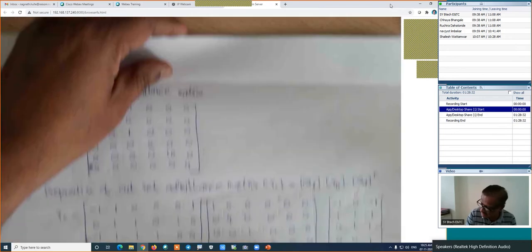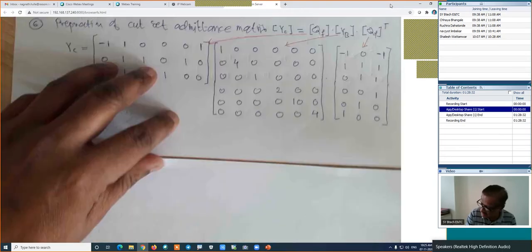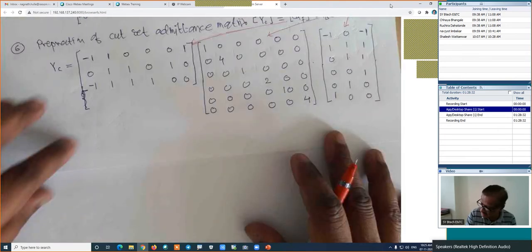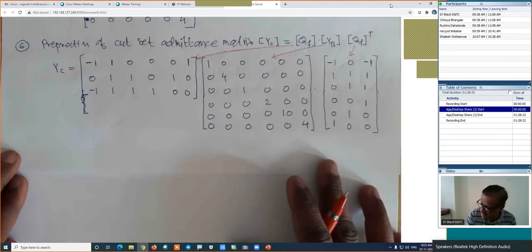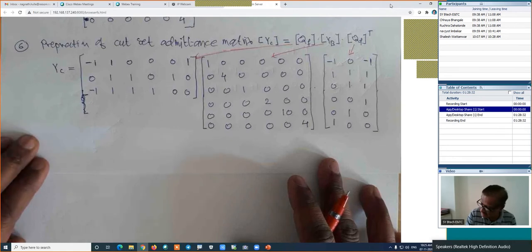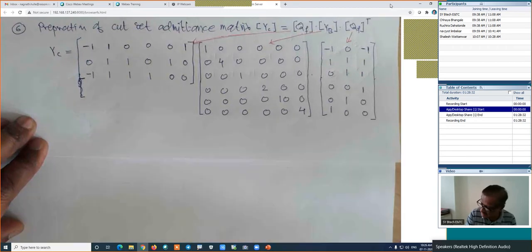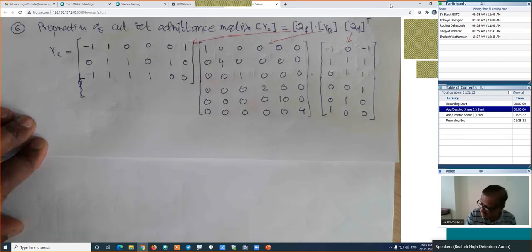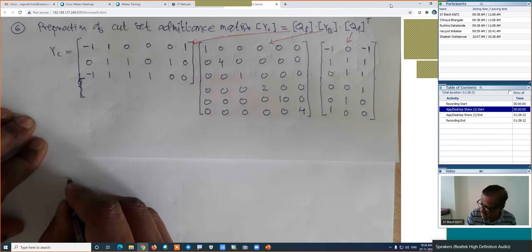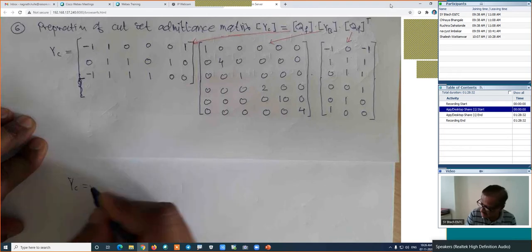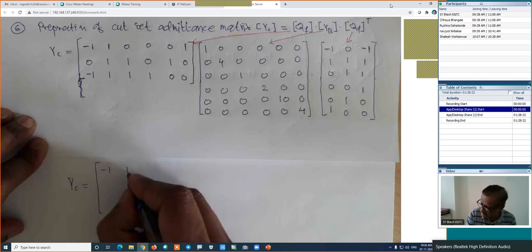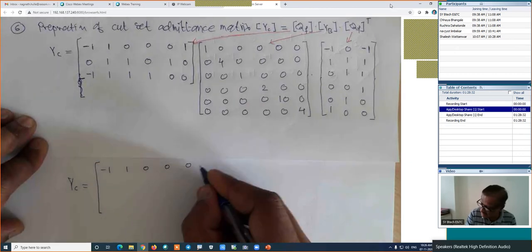Now I will start the discussion here. If I am starting the multiplication from here, look at the calculation part. Is it right? Yeah. In this case, if I am finding this YC, which is equal to, this matrix will be as it is: minus 1, 1, 0, 0, 0, and 1.